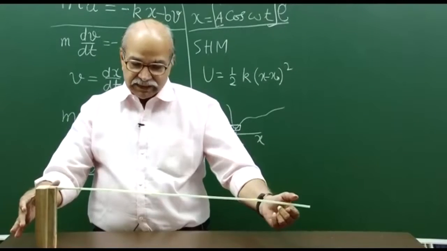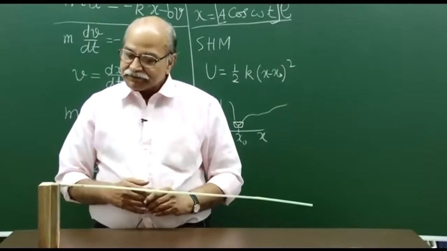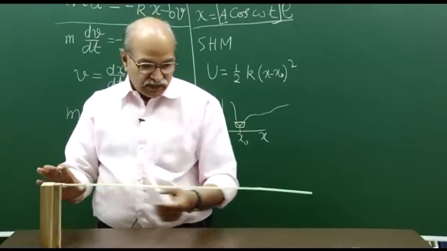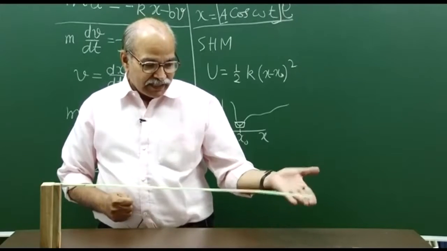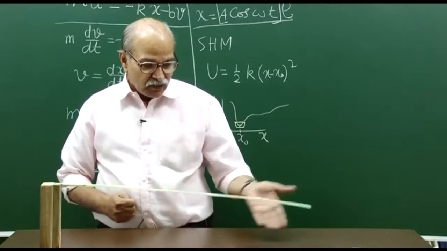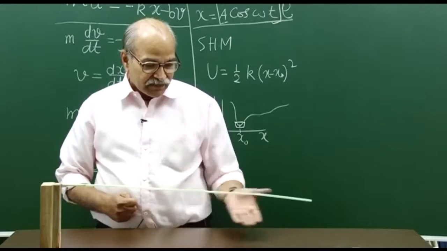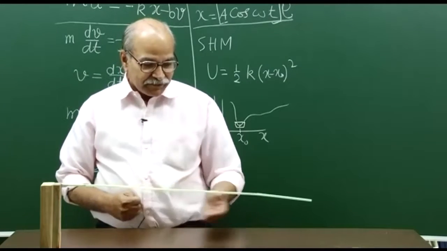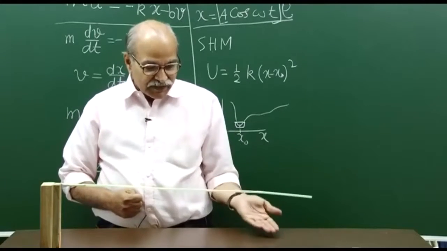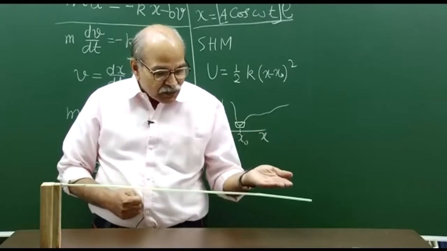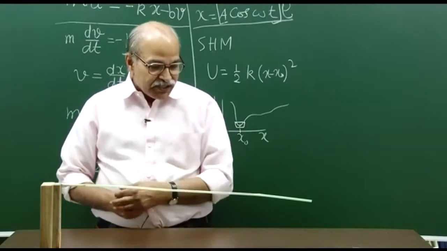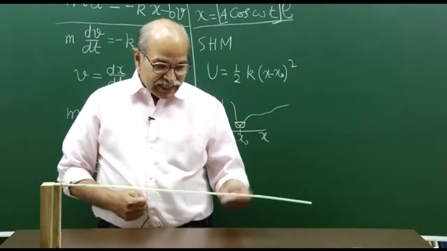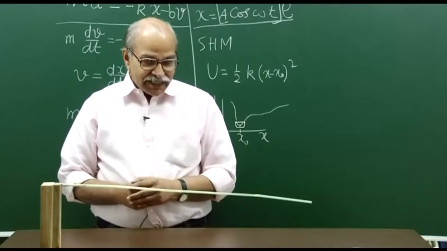This is the stable equilibrium position, and then I can oscillate this. It can go on oscillating, and there is some natural frequency of oscillation. There is some restoring force bringing it back towards the equilibrium position. Then there is damping, so the amplitude decreases and finally it comes to rest.